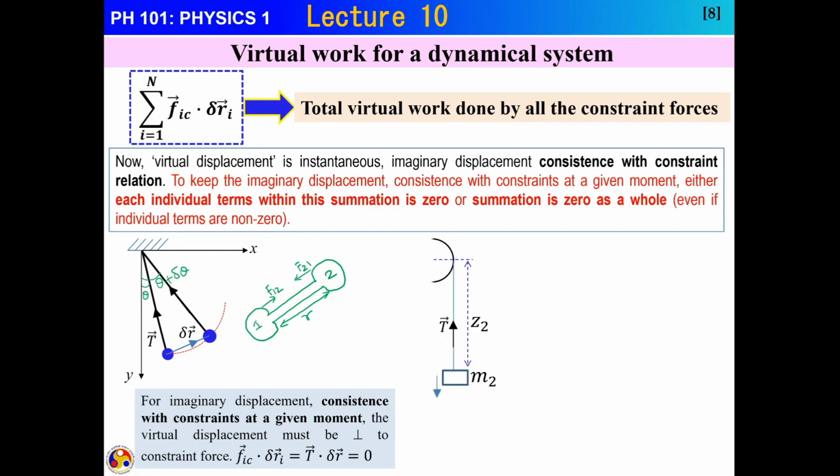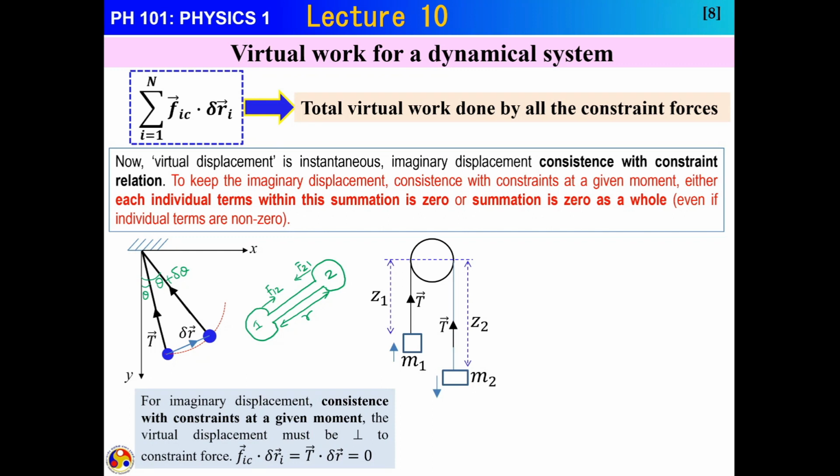Now let's take another example, an Atwood machine. Here you have two masses M1 and M2 connected through a pulley, where the length of the string is constrained and the tension is acting along it.